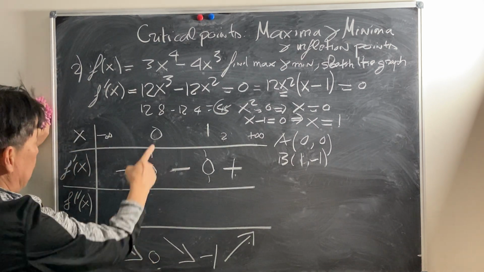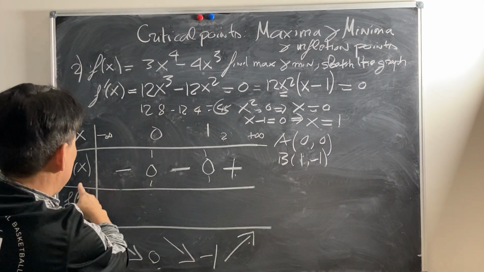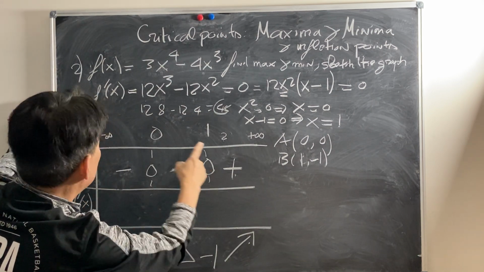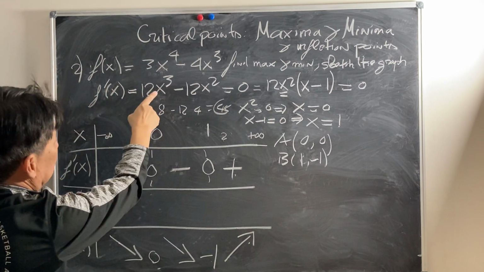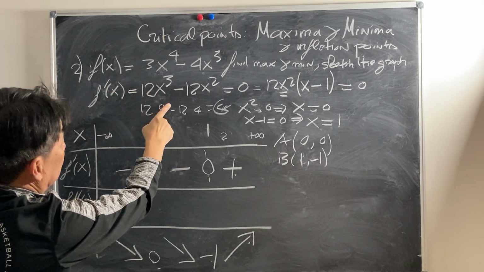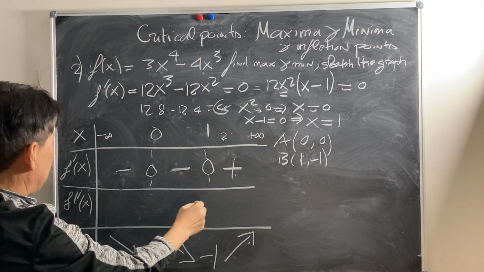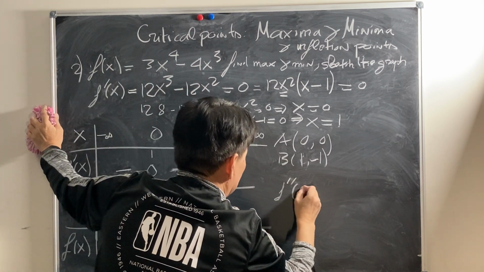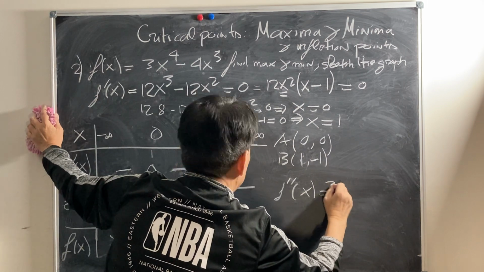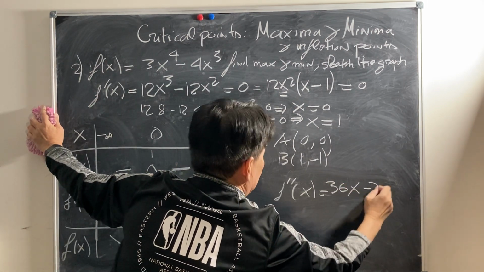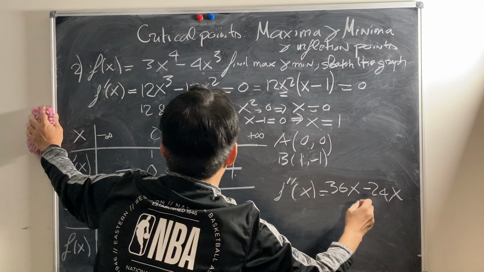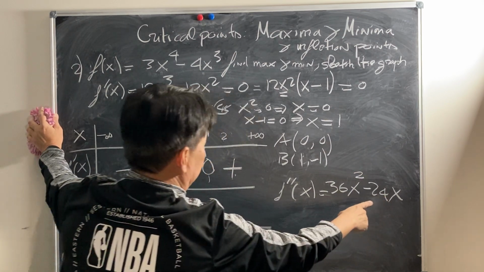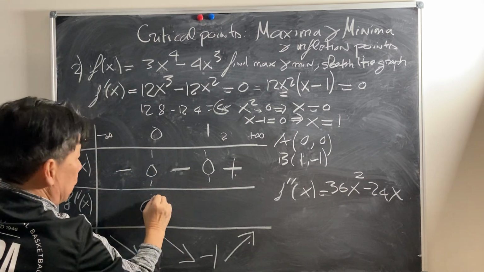And f prime, when x equals 0, f second prime equals 36x squared minus 24x. When x equals 0, this one equals 0.